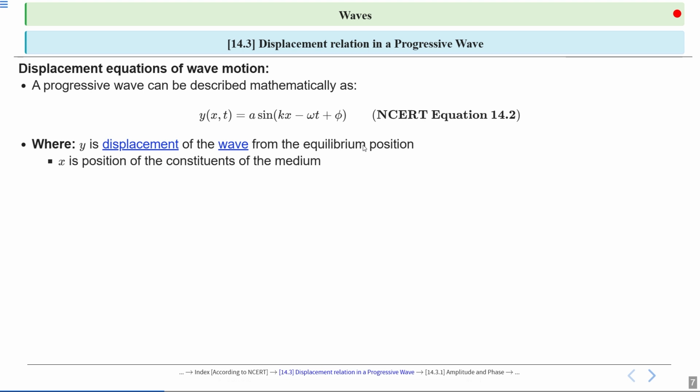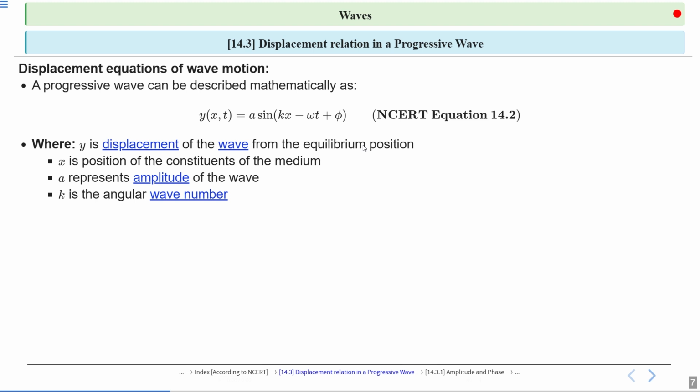x represents the position of the constituents of the medium. In other words, x tells us where along the wave we are measuring the displacement. The symbol A stands for the amplitude of the wave. Amplitude is the maximum displacement from the equilibrium position, and it tells us how tall the wave is. Now, k is called the angular wave number.